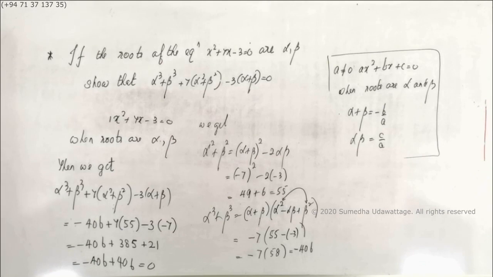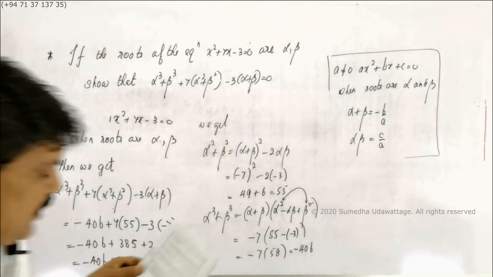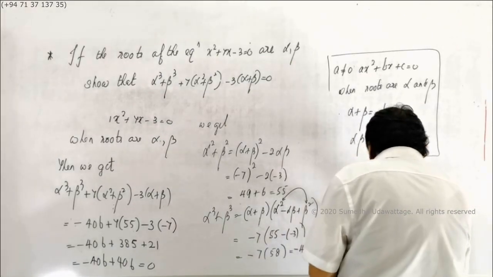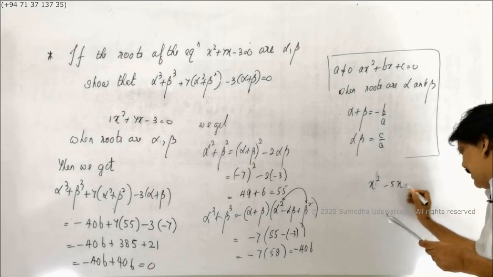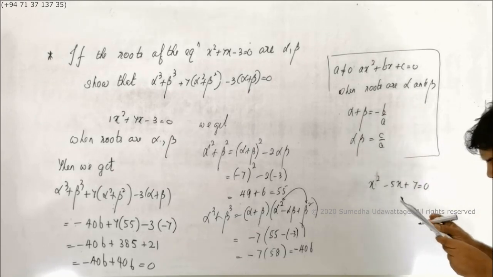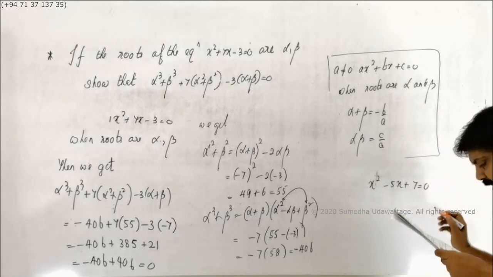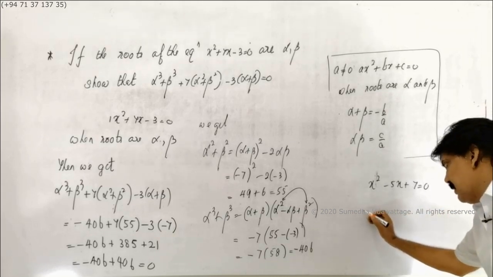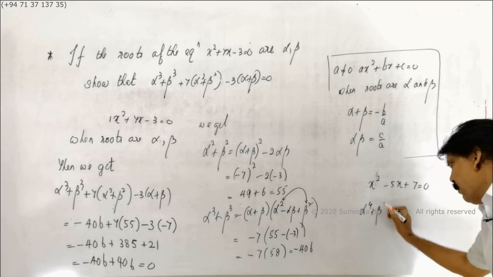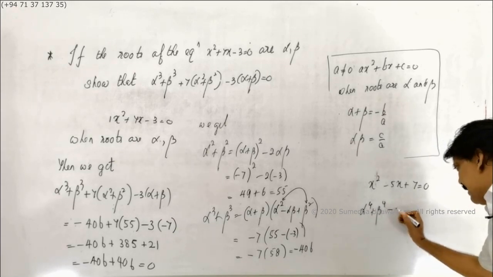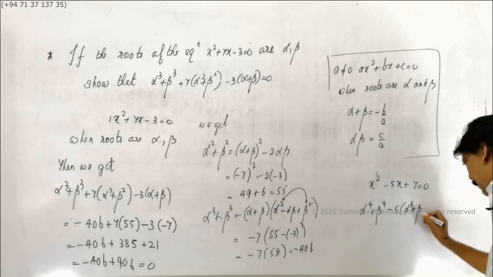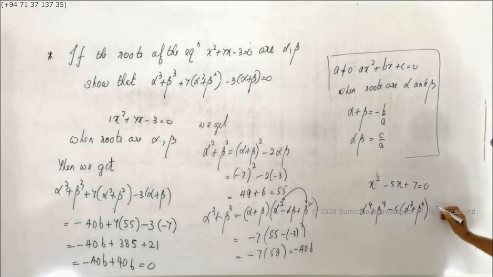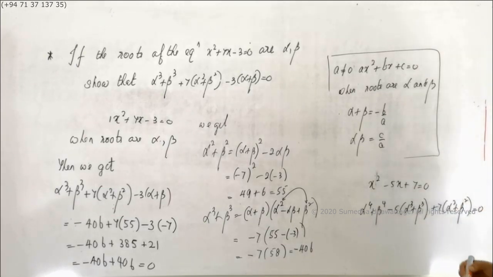If the roots of the equation x squared minus 5x plus 7 is equal to 0, show that alpha to the fourth plus beta to the fourth, minus 5 times alpha cubed plus beta cubed, plus 7 times alpha squared plus beta squared is equal to 0.